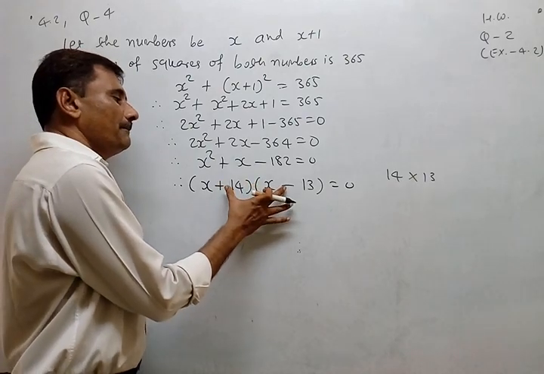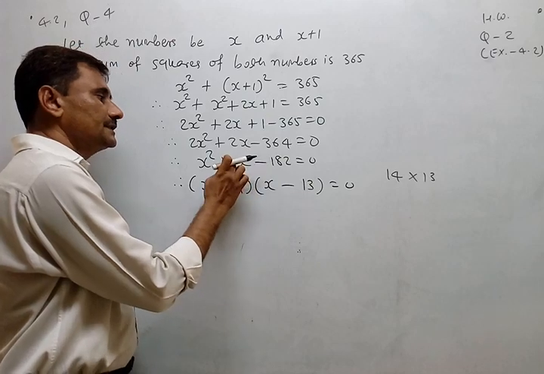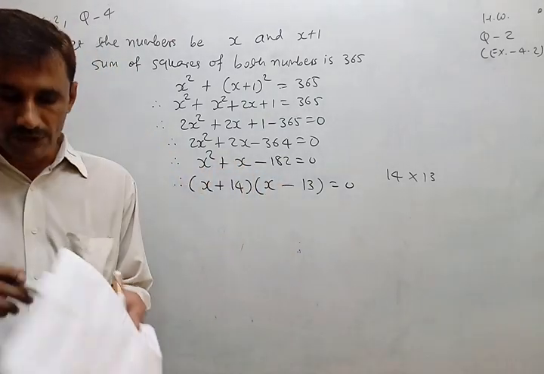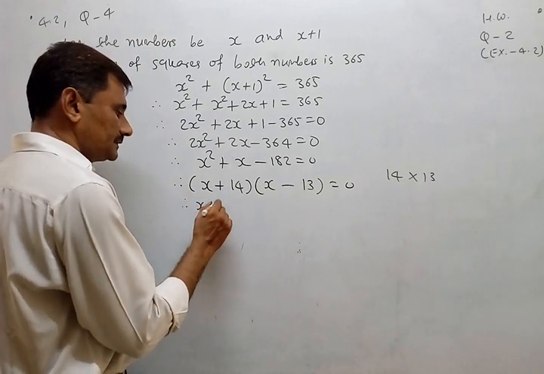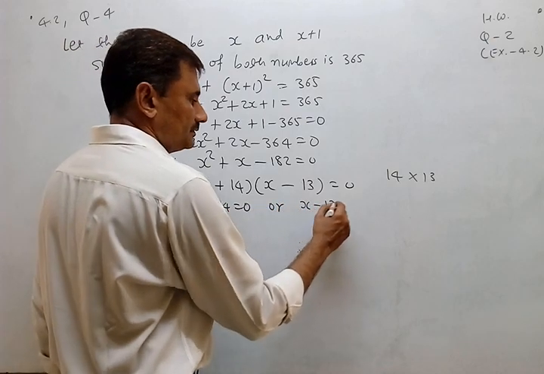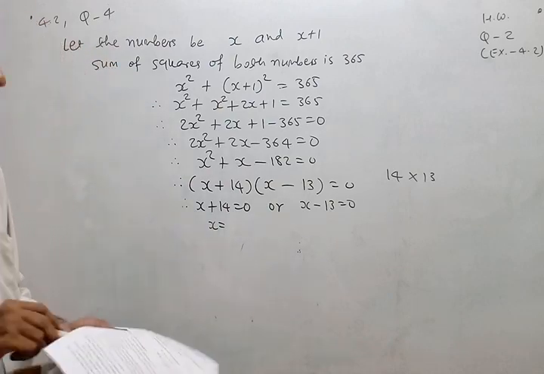So place the appropriate sign here so that both give this number. Here we need plus 1, so we got plus 1. Okay. Now compare them with zero. So either the first bracket is 0 or the second bracket is 0. So either you get minus 14 or plus 13.